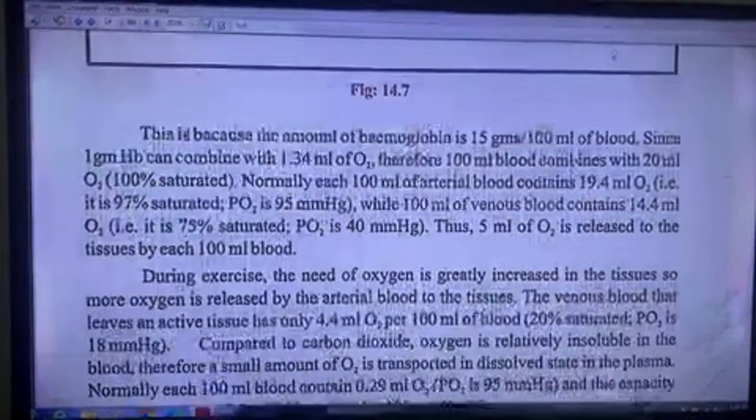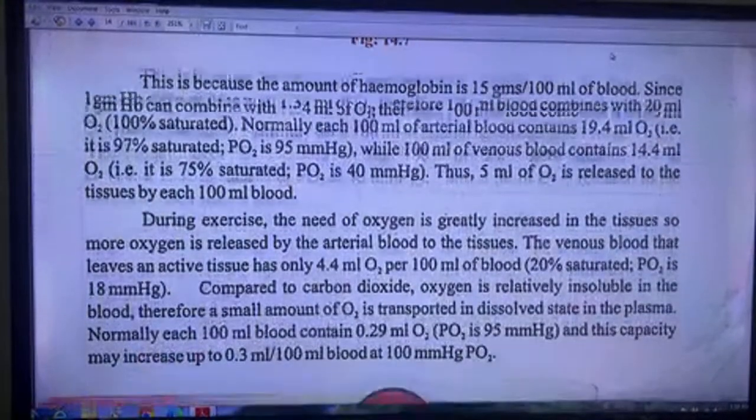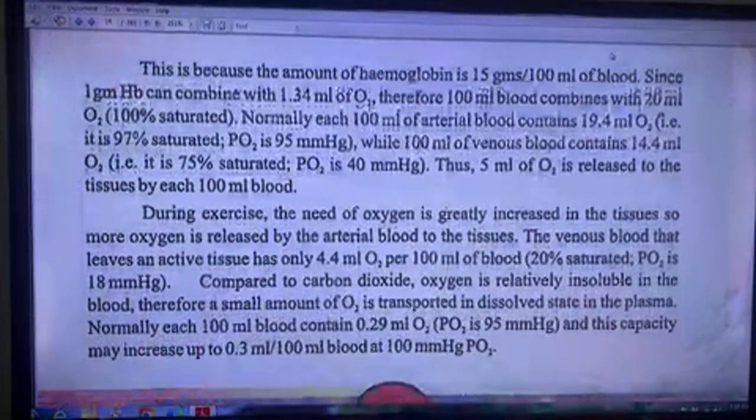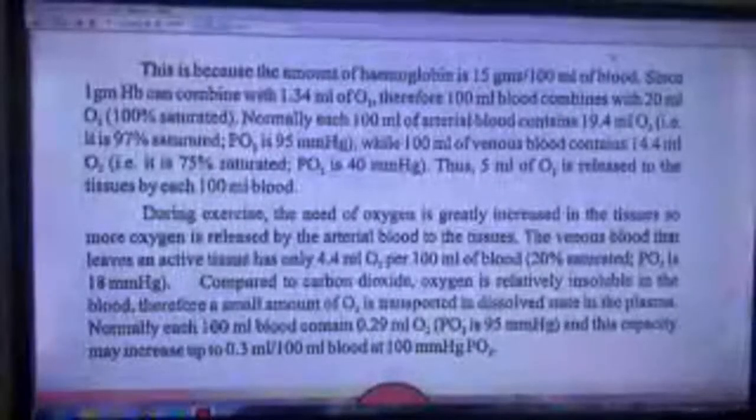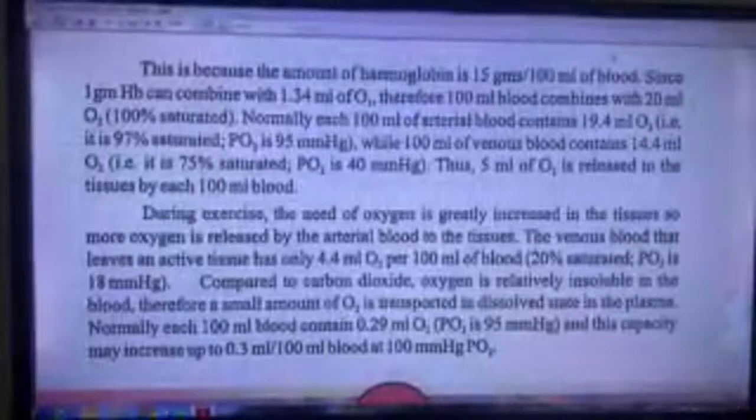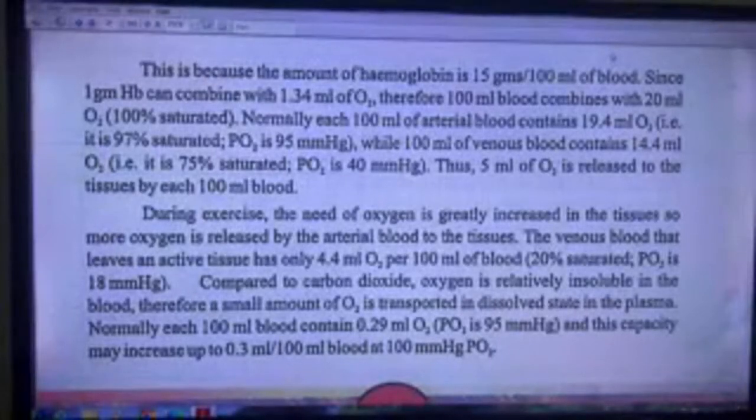This is because the amount of hemoglobin is 15 gm per 100 milliliters of blood. Since 1 gram of hemoglobin can combine with 1.34 milliliters of O2, 100 milliliters of blood combines with 20 milliliters of oxygen.